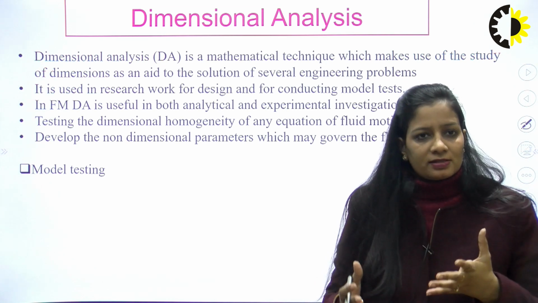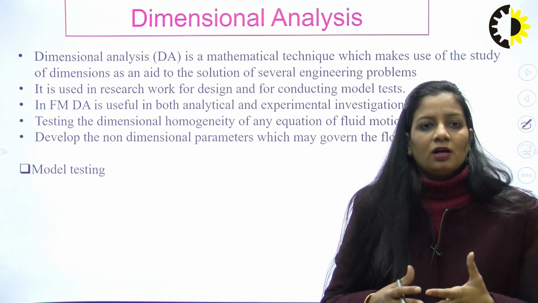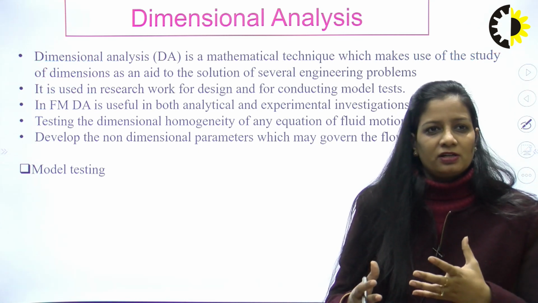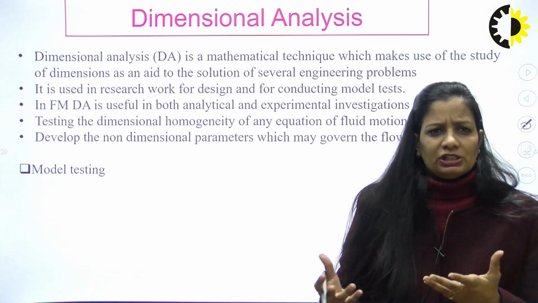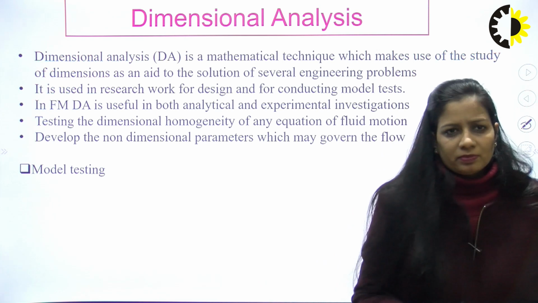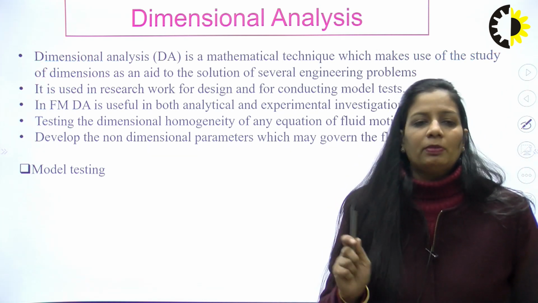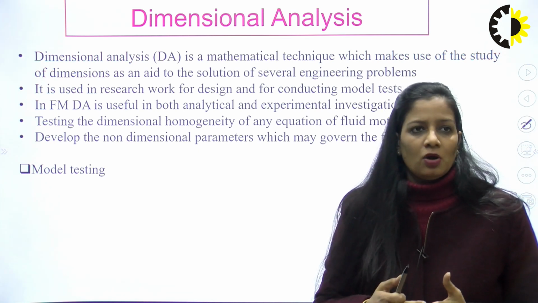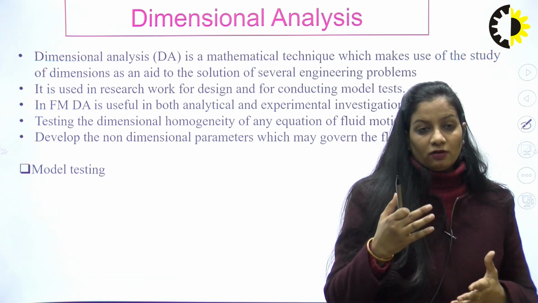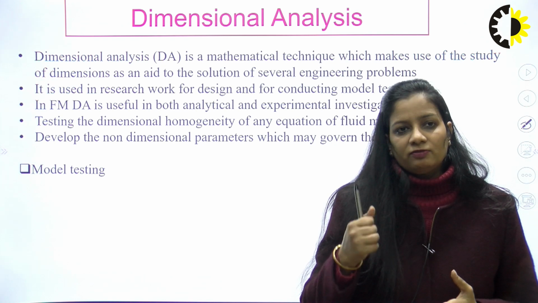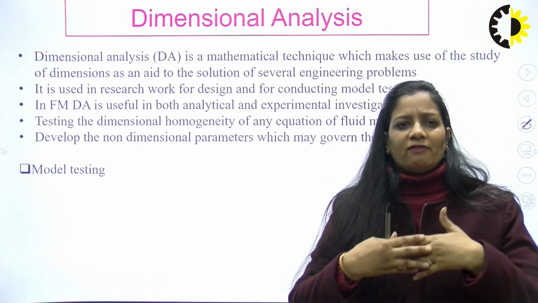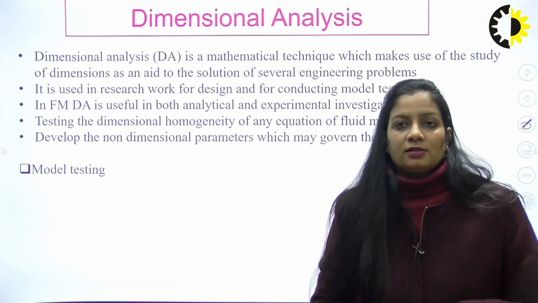And what are these engineering problems? What are the parameters which can be associated with an engineering problem? Just think of any one particular problem. When we are talking about fluid mechanics, a problem related to fluid mechanics will have some kind of parameters or variables.